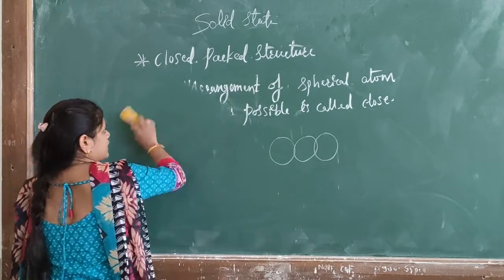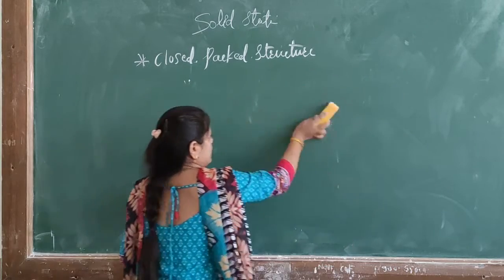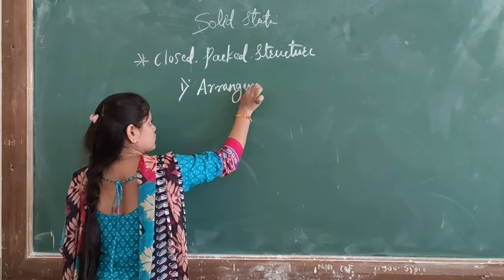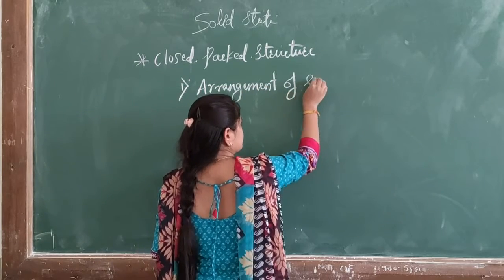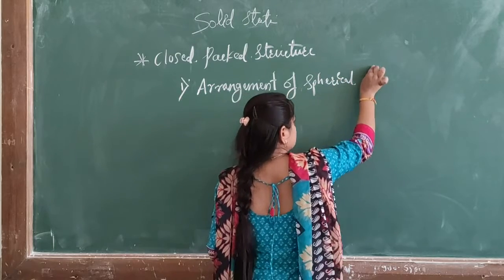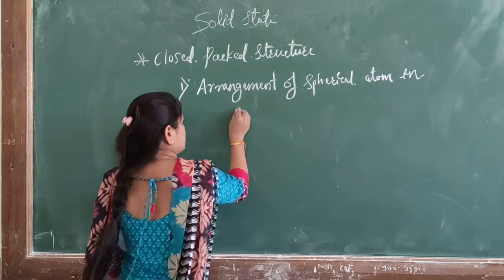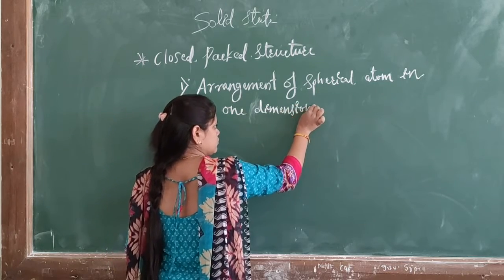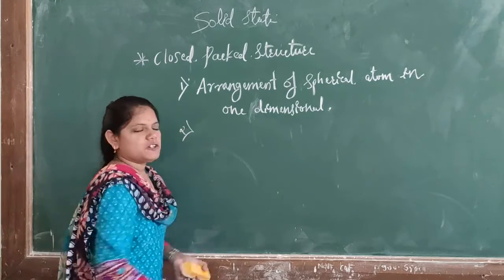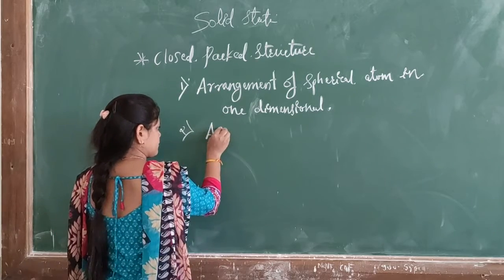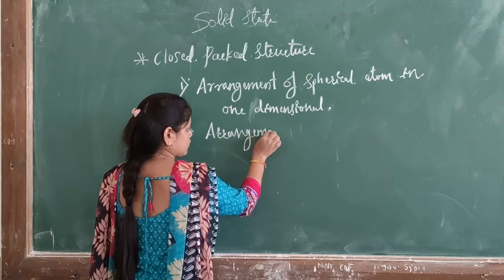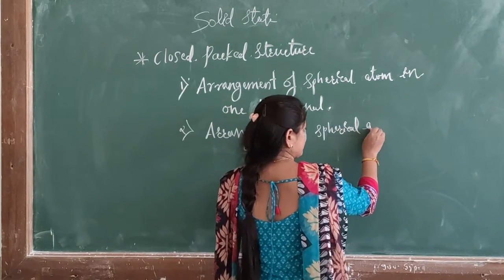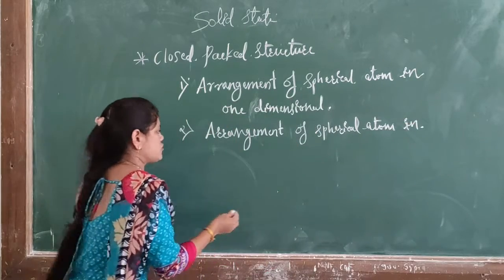The first is the arrangement of spherical atoms in one dimension. The second type is the arrangement of spherical atoms in two dimensions.